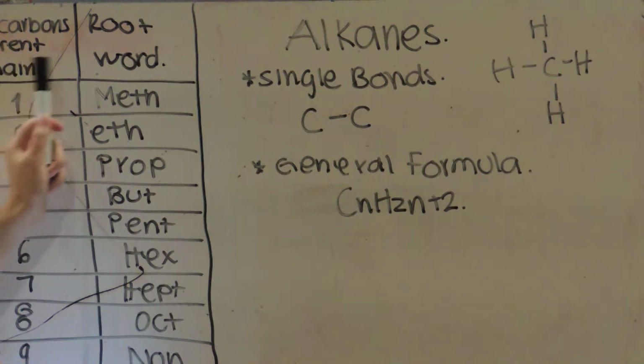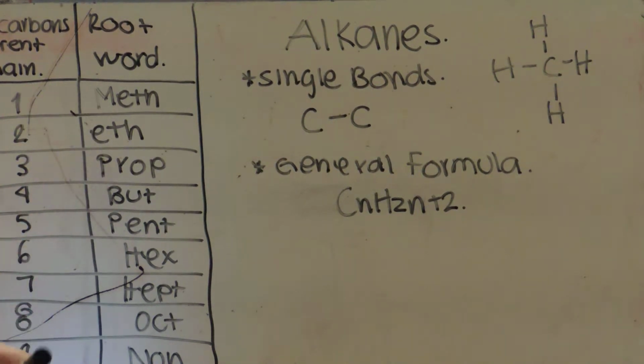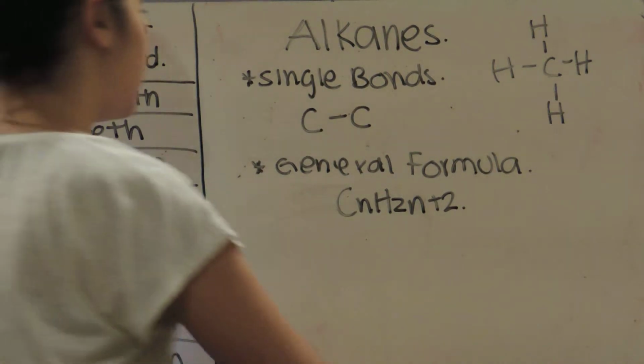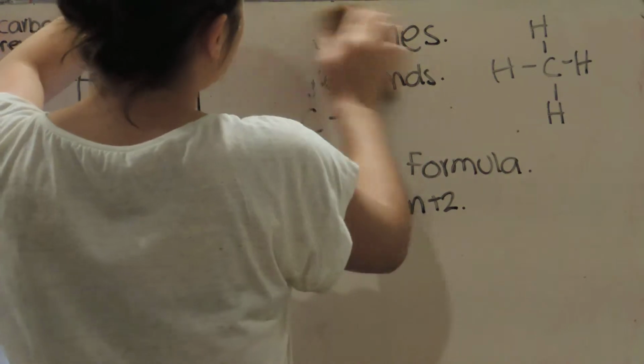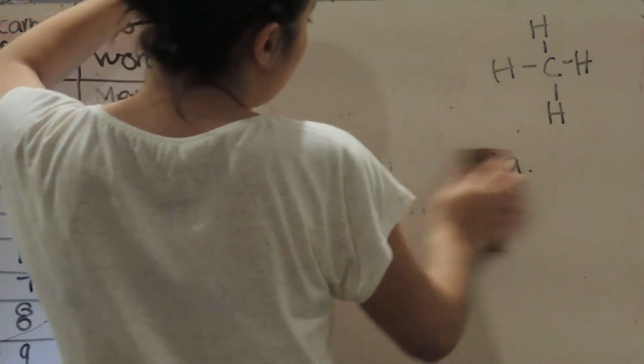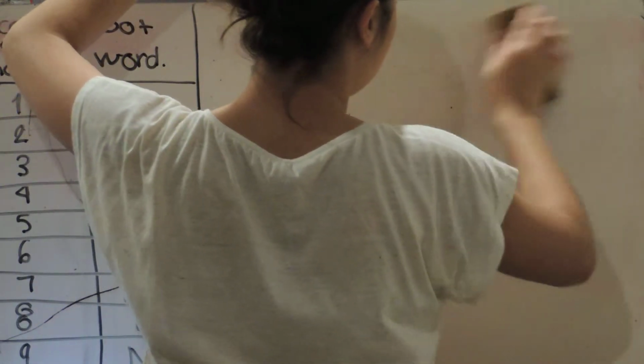If we have 1 carbon, we will put meth, and so on. We will continue to show you the nomenclature of alkanes according to the IUPAC system.